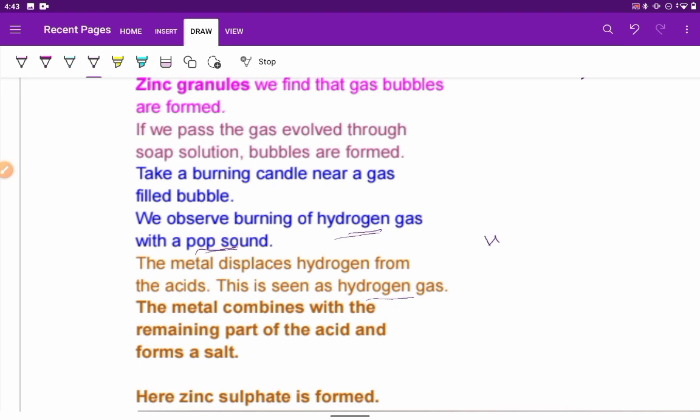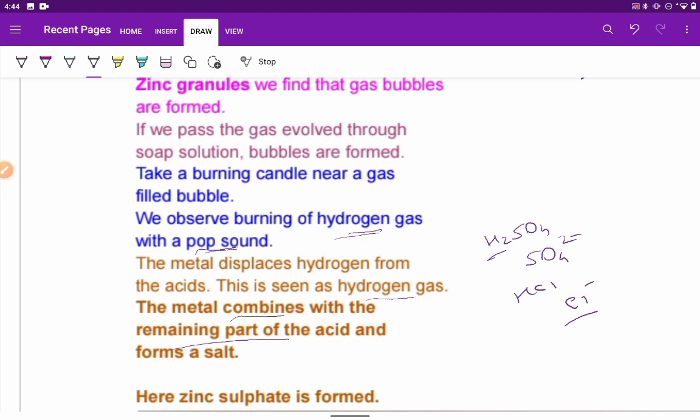For example, if you take sulfuric acid, after removal of hydrogen you will get sulfate ion. But if it is HCl, after removal of hydrogen, we will get chloride ions. So in that case, zinc and hydrochloric acid will give zinc chloride. So we have to find out that the metal will combine with the remaining part of the acid.